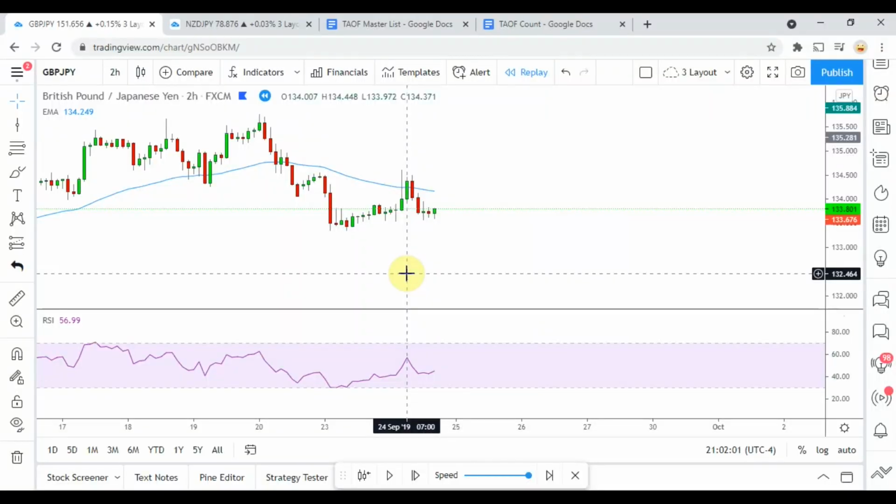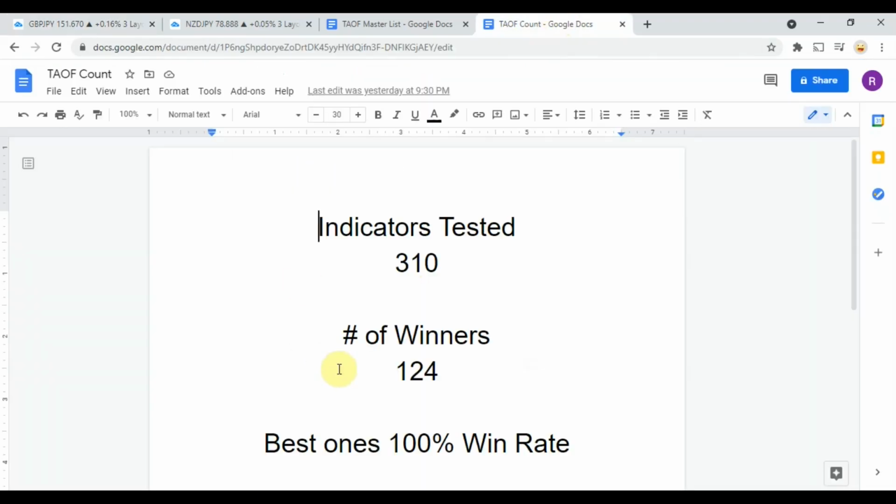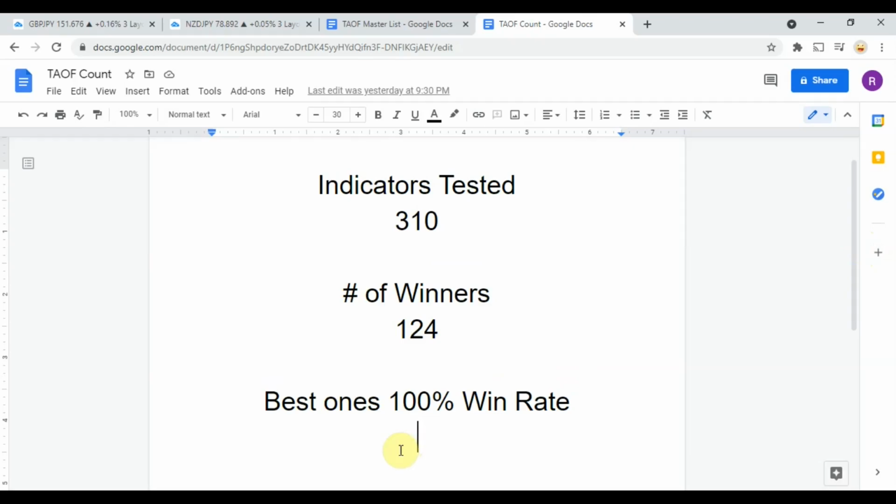Alright, as I said, today we will be taking a look at a Fibonacci, EMA, RSI trading strategy. Before we do though, I wanted to put the indicator scoreboard up for everyone to see. So, to date, we have tested 310 indicators, and out of those 310 indicators, 124 of them have been winners, which means that they have met or exceeded the 60% win-loss ratio threshold that we have set for them.